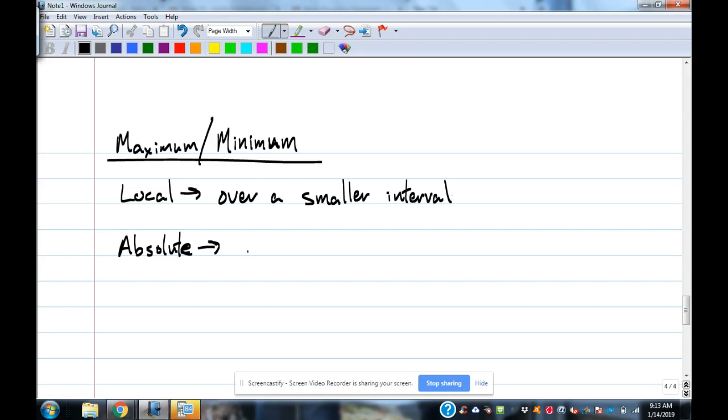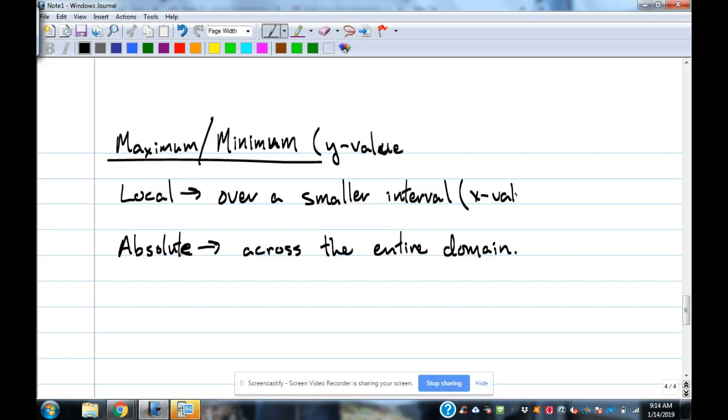Absolute is across the entire domain. Okay, an absolute max or min, when we're talking about maximum and minimums, we're talking about the y values. Over these intervals, we're talking about x value intervals.